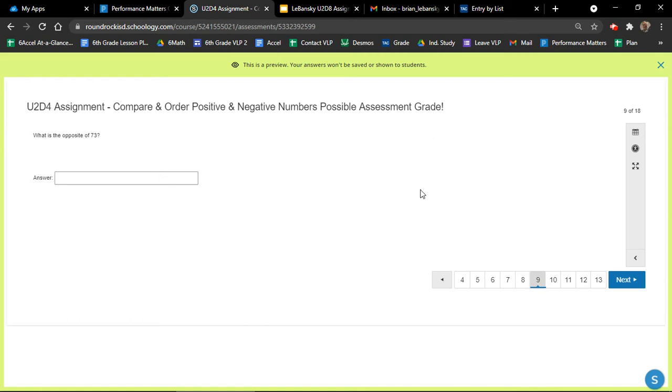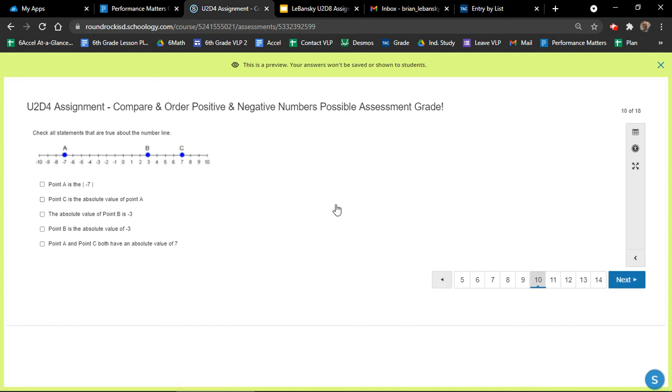What is the opposite of 73? Remember that opposites just change the sign. Check all the statements that are true about the number line. It's all absolute value, so you've got to know how to do absolute value.